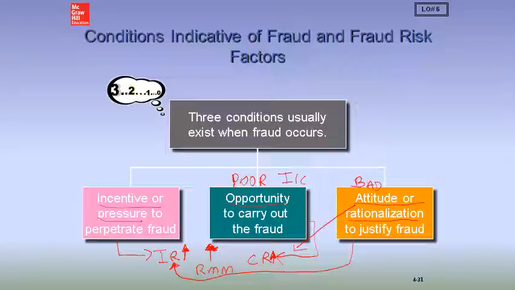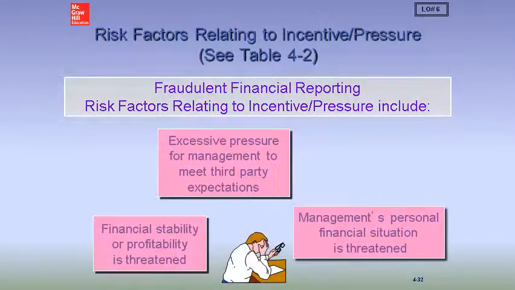So we look at it from the standpoint of errors, and we've talked about the audit risk model and our RMM in the context of errors, but now we're looking at it in the context of potential fraud.